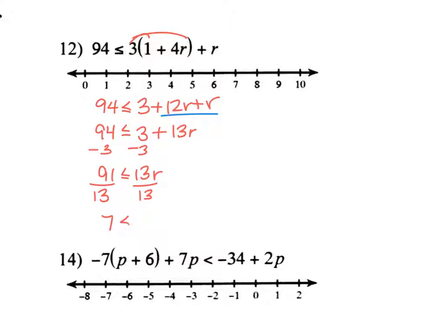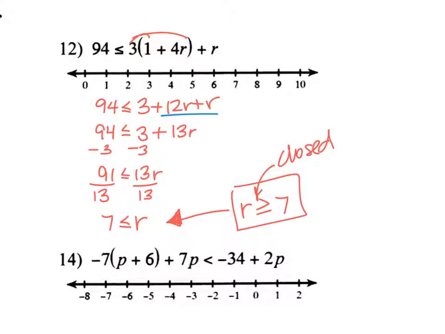So 7 less than or equal to r. Remember, you always need to rewrite this so that the variable's on the left before you graph. So that means r is now going to be greater than or equal to 7. All right, greater than or equal to is closed and to the right. So I'm going to do closed on 7 and to the right.